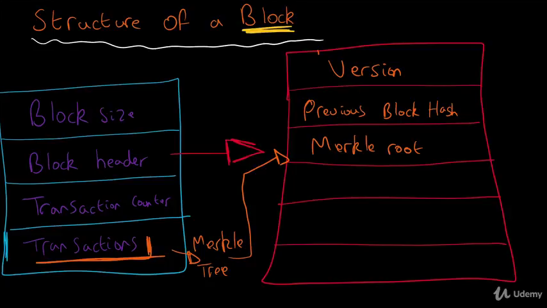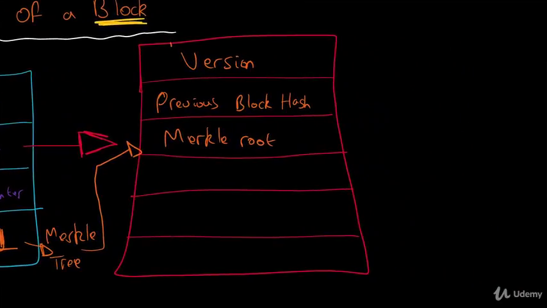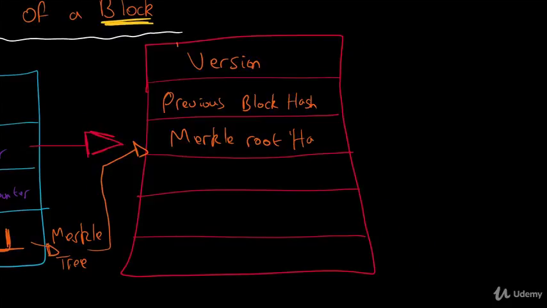If one of the transactions were to be modified, changed, removed, or any change to the overall transactions were to occur, then this Merkle tree would result in a different Merkle root hash.